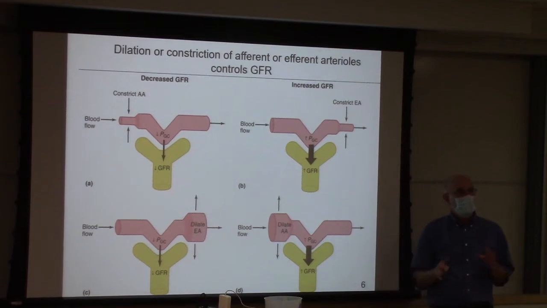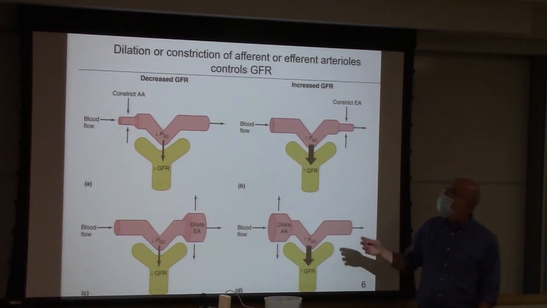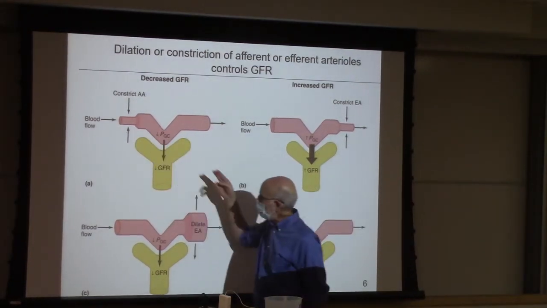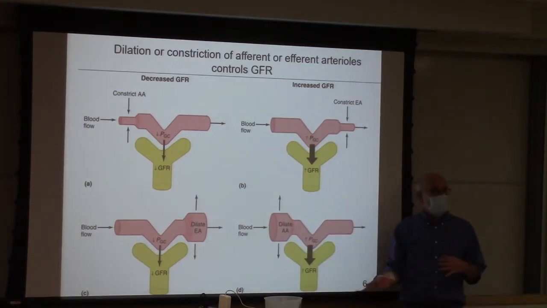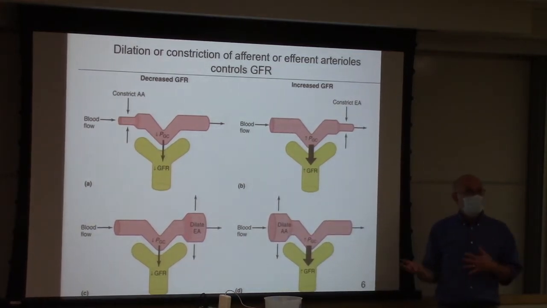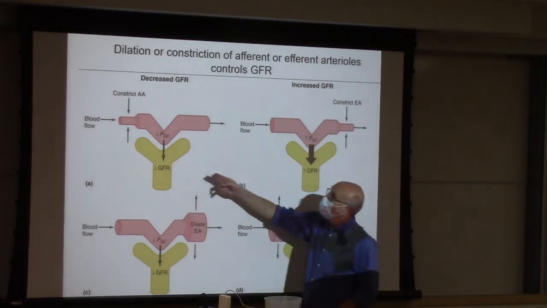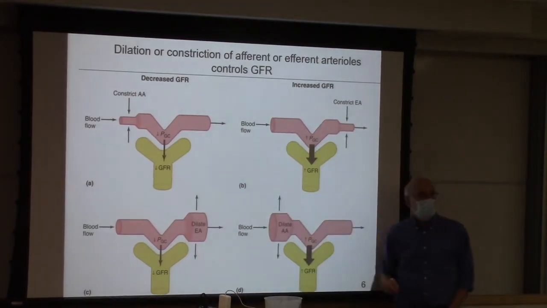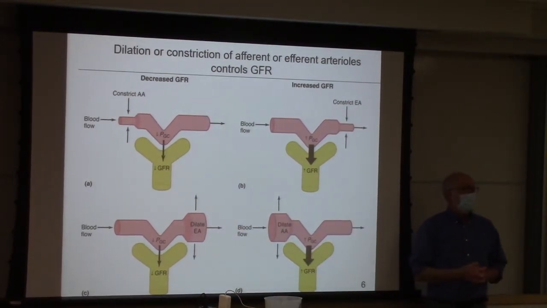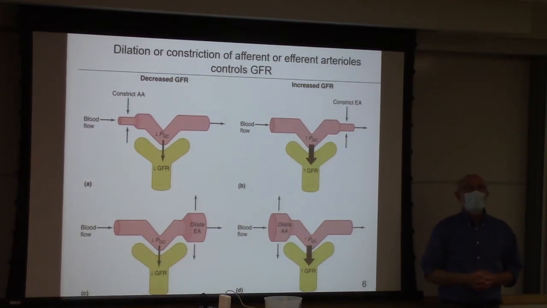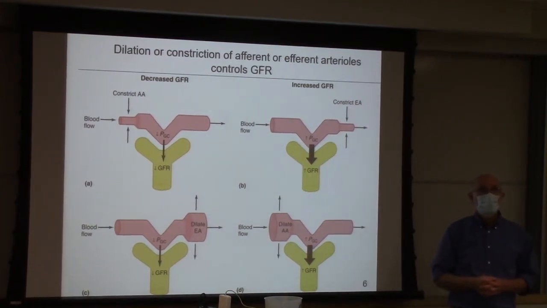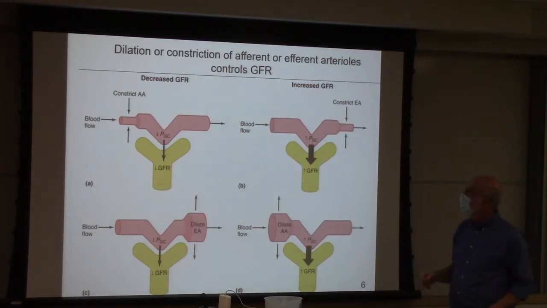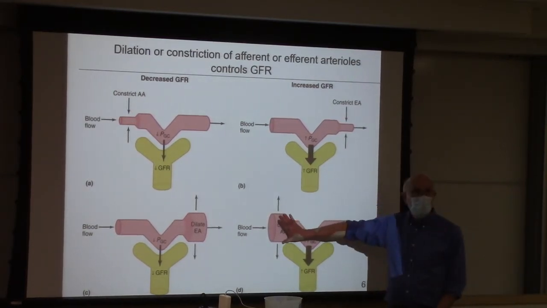Questions about how smooth muscle on the afferent and efferent arteriole and how constriction or dilation of that could lead to decreases or increases in the rate of glomerular filtration. So I understand why if you dilate the afferent arteriole, it would be more pressure.